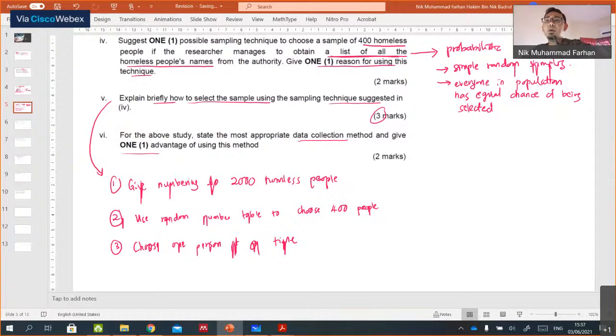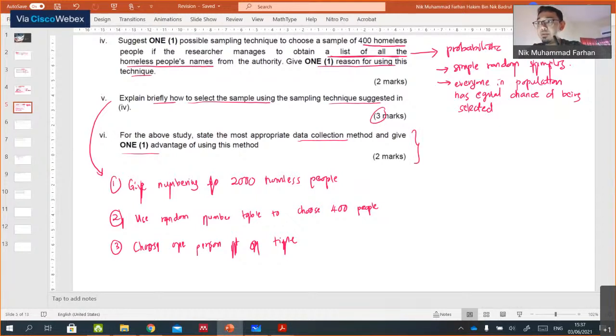What do you expect from the homeless people, you nak suruh mereka jawab survey ke kan? Google Form. Tak boleh kan? Now they are being centered at the center for shelter ni. Okay. So you have to go, alright? Ask someone there, right?